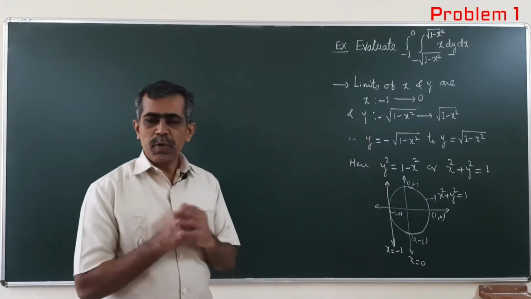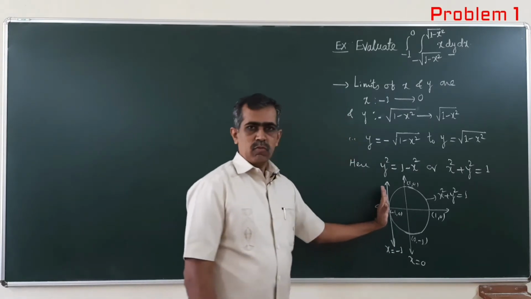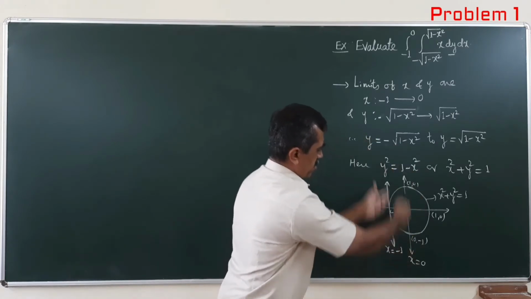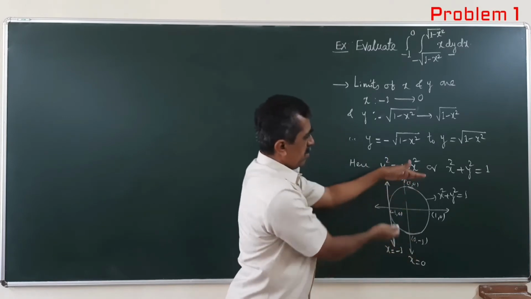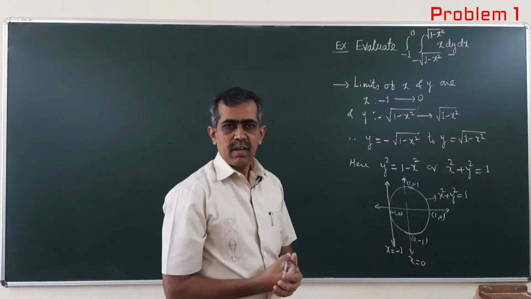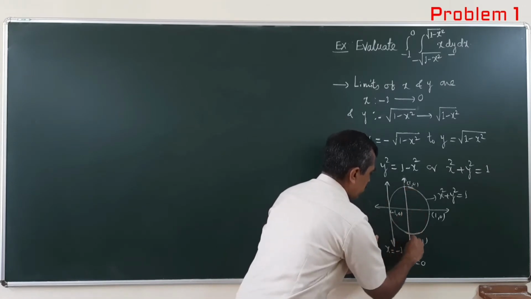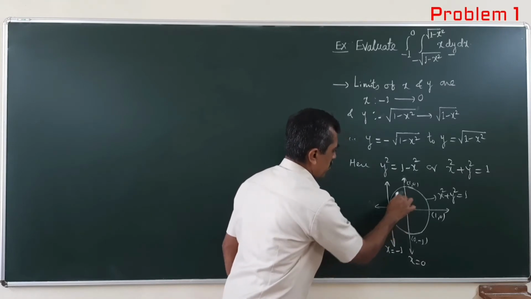So your domain of integration is between x equals minus 1 and x equals 0. Between these two lines, it is the part of this circle. And what is this part of the circle? This portion.